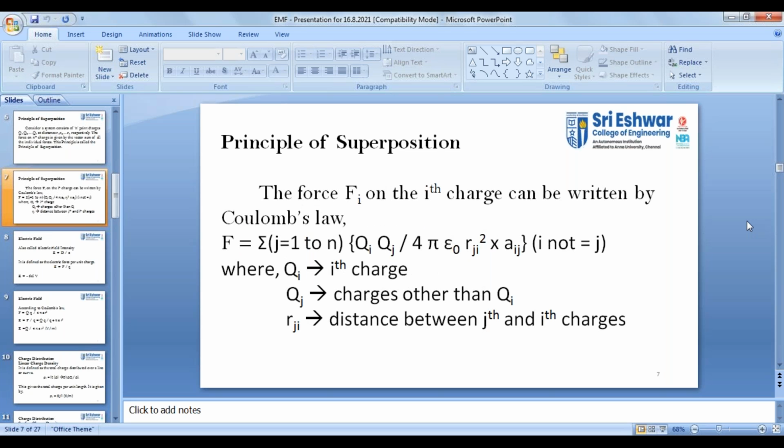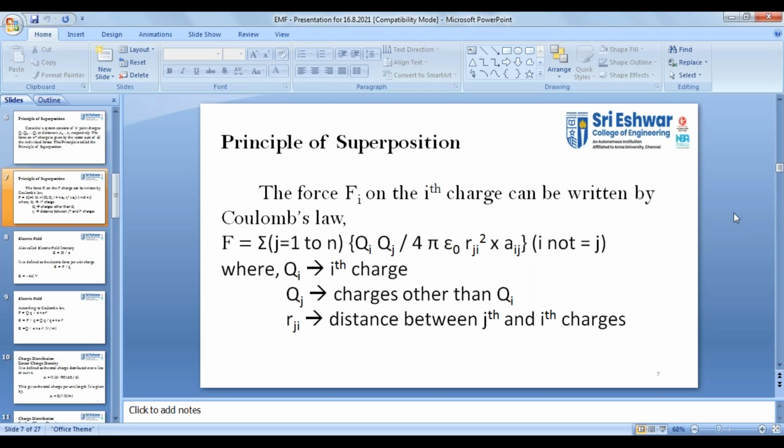You can remember that we are going to generalize the expression we got for force from Coulomb's law. Nothing new here. That is the only thing we are doing.